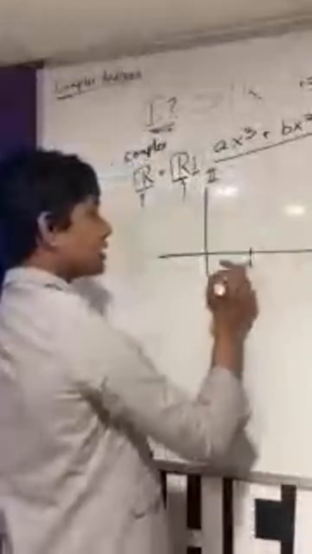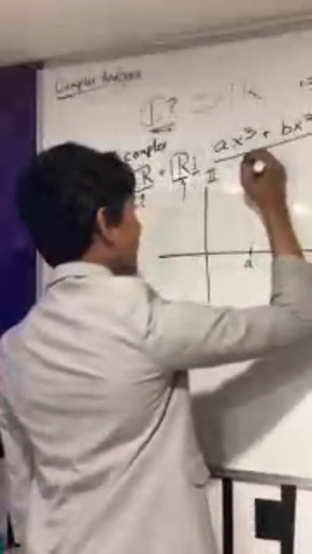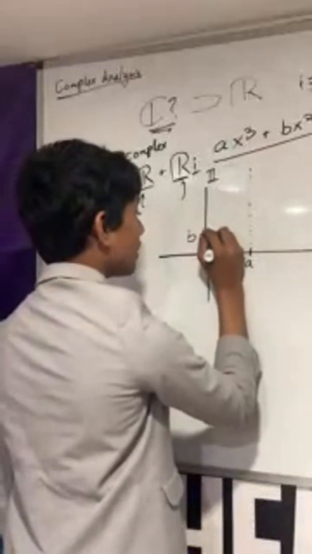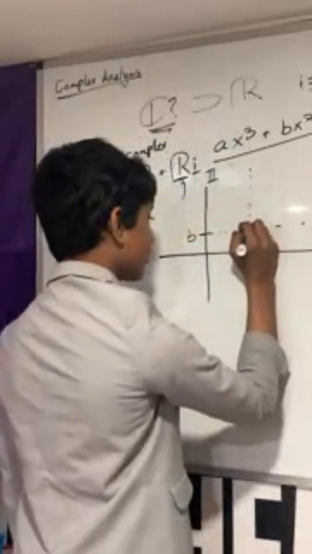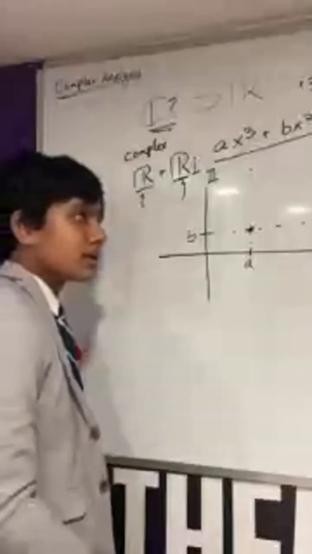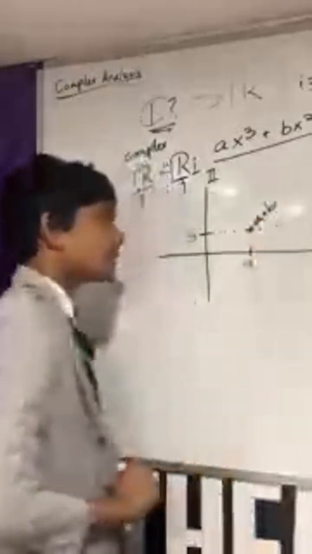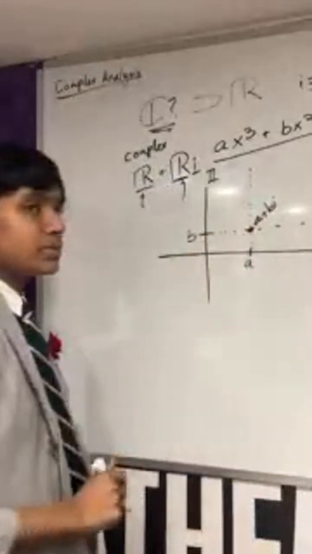The real component is a, so it's on the line x is equal to a, and the imaginary component is b, so it's on the line y is equal to b, and those two, of course, only meet over here. So this is a plus bi. That's how we graph one of these on the plane.